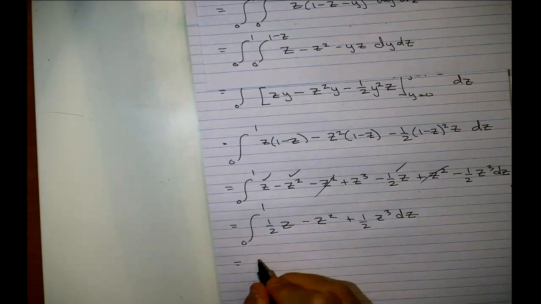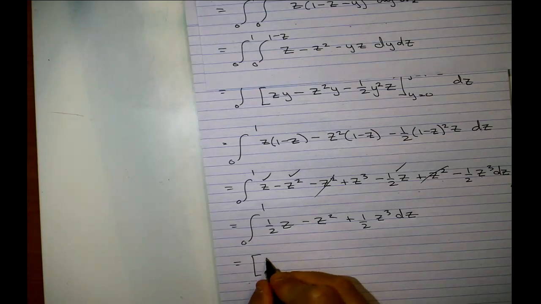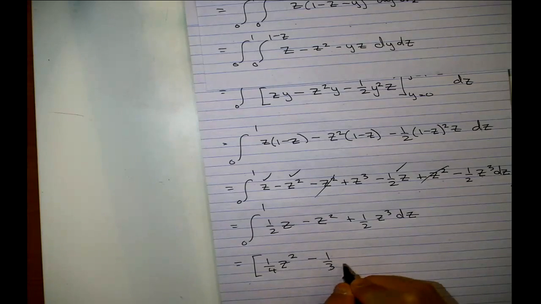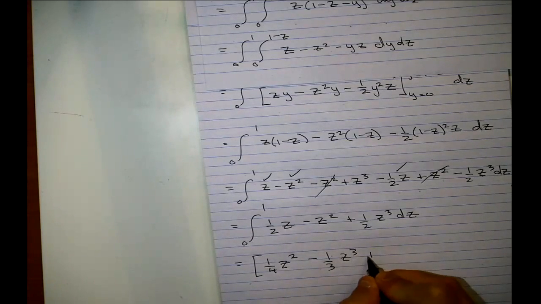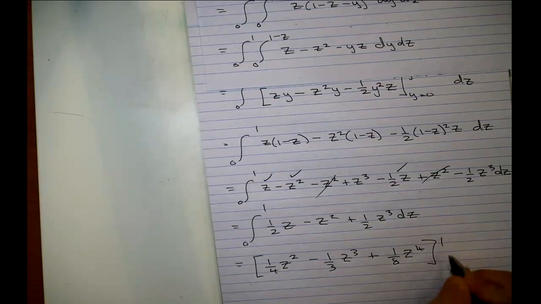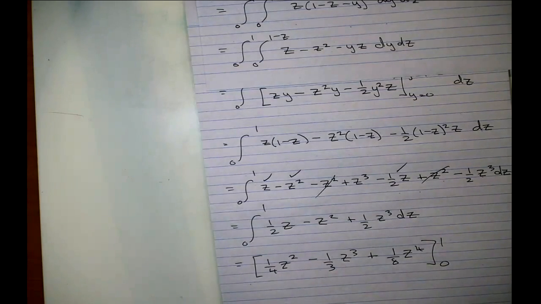Right, then I integrate this. No need to put z equals now because I'm out of variables. You can though, of course.